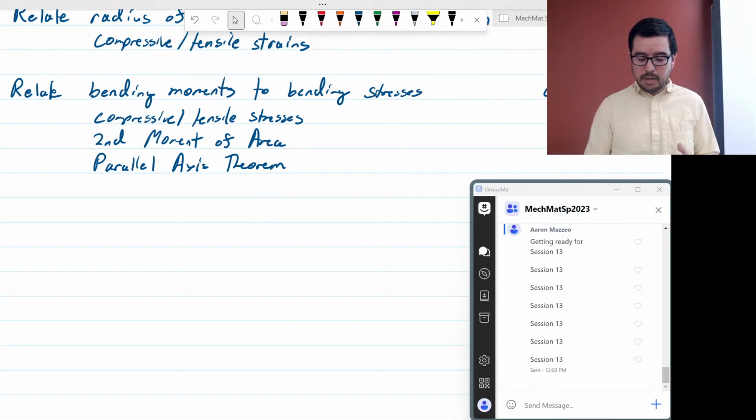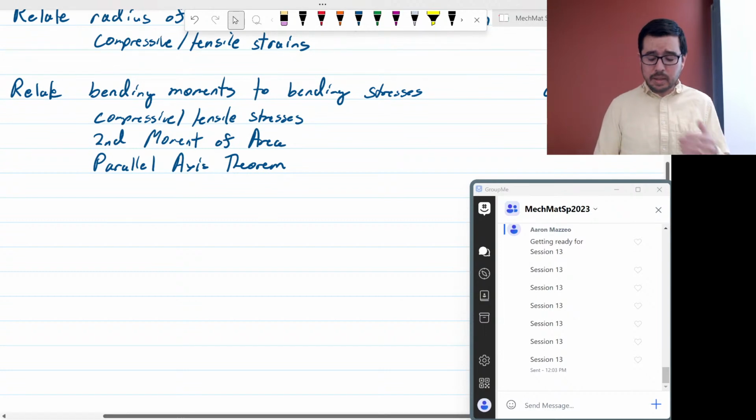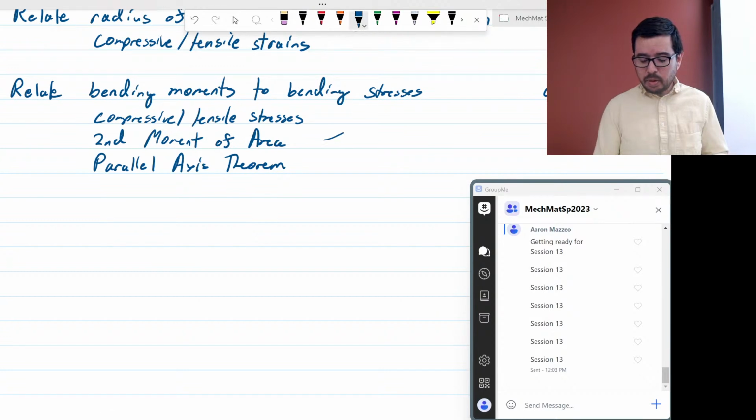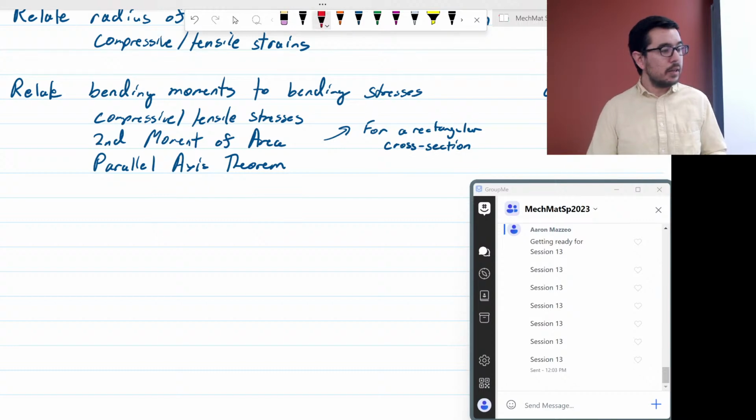A lesser one, but nonetheless important, is the second moment of area for a rectangular cross section. This is famous as well: I equals bh cubed over 12.